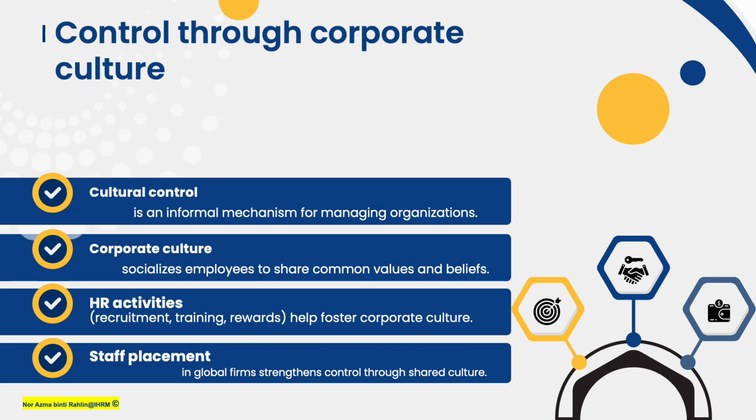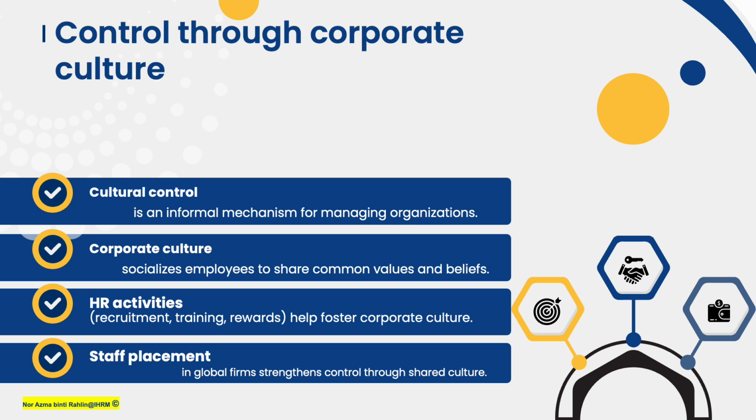Moving to control through corporate culture. We continue on learning objective number 5. This is a part of the control. The thing you need to know about informal control is that culture control is an informal mechanism for managing the organization. Next, corporate culture socializes employees to share common values and beliefs.